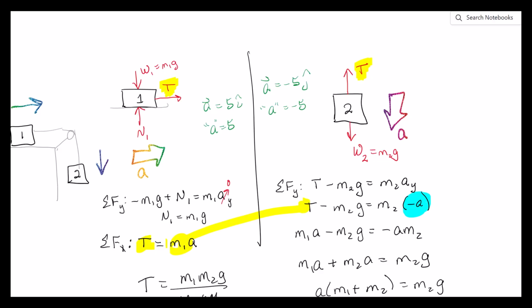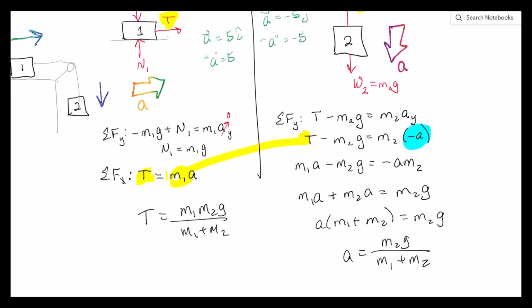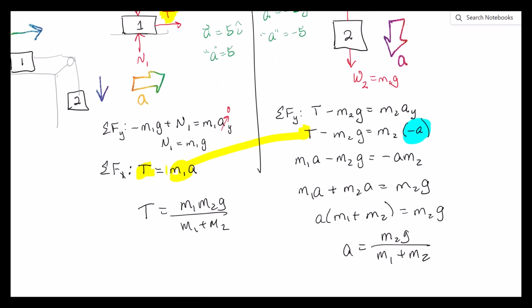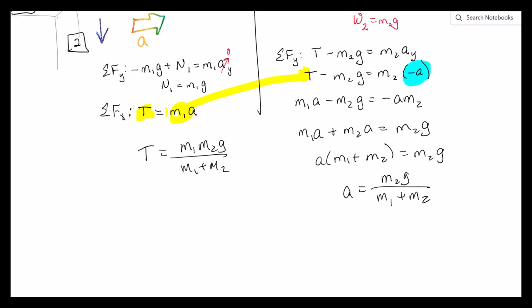It'll potentially be different depending on what all is going on. But what's really important here is, in this case, acceleration is going down. So it's the magnitude of that acceleration in the negative direction. And if I get that negative sign wrong, then everything else is wrong. That would make sense, because think about it: all the values in this number here would be positive. Mass is positive, gravity is positive. You're like, no, it's negative.